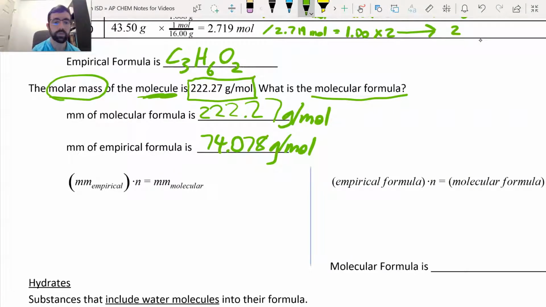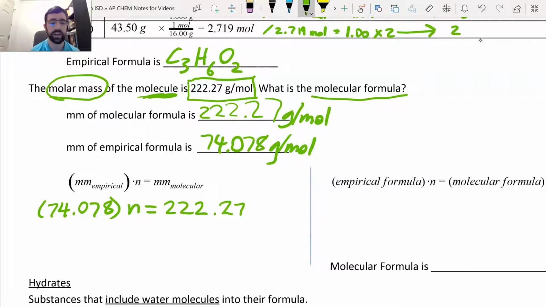So if we know the molar mass of the empirical formula, 74.078, I could multiply that by N, that's our unknown, and it should multiply together to give us 222.27. So if I want to solve for N, I just have to divide.